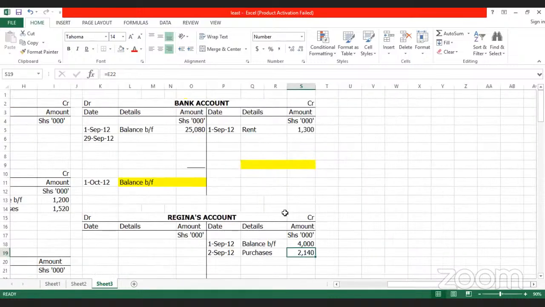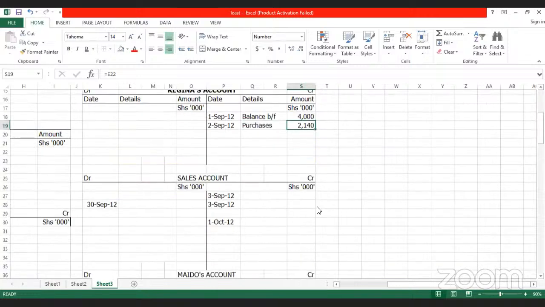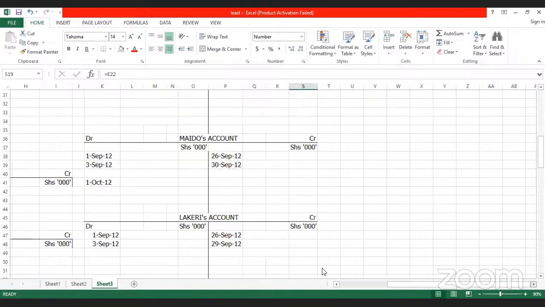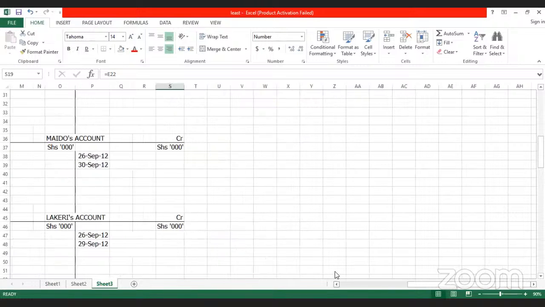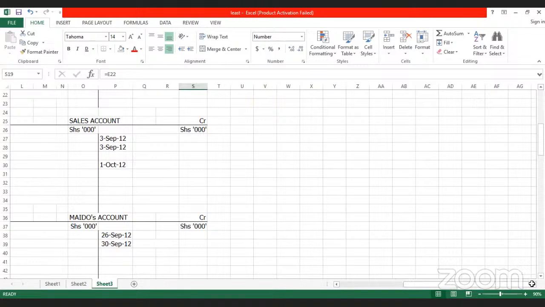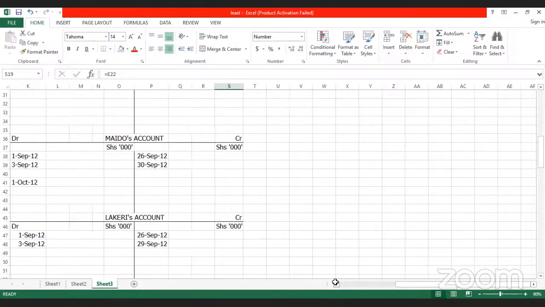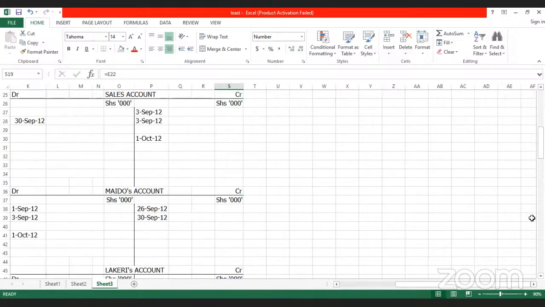These are the accounts which I have. Sales account is there. Maido account is there. And then Lakiri's account is also here. So I've prepared my accounts. This is the sales account.